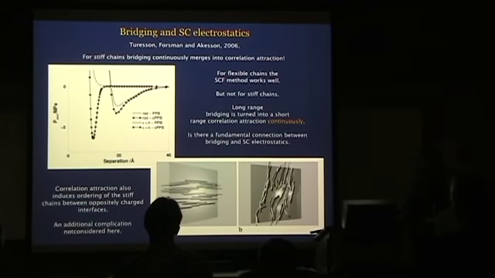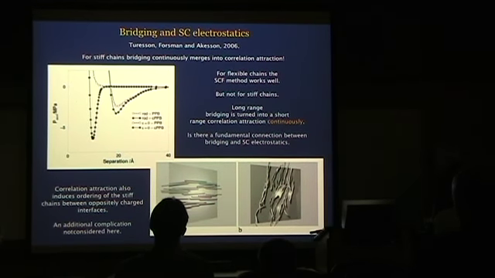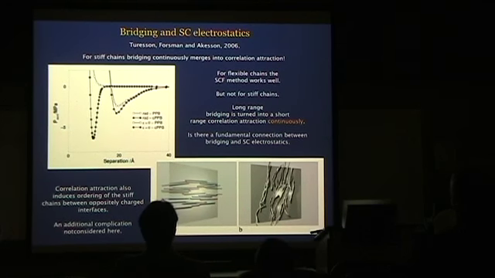Anyhow, the question now is, since we see this bridging attraction, and before I told you that in highly charged systems you have a correlation attraction with polymetallic counterions, is there some kind of a connection? So what you start looking at is how this bridging interaction changes as you stiffen up the polymers, the polyelectrolyte.